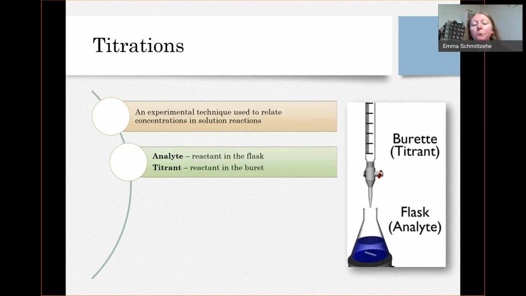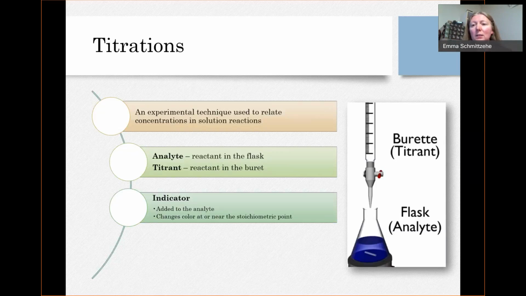In addition to the reactants, you actually have a substance that is an indicator. You add it to the analyte solution, the solution down in the flask. After you've accurately measured the volume and transferred it to the flask, you usually put a couple drops of an indicator solution into that.